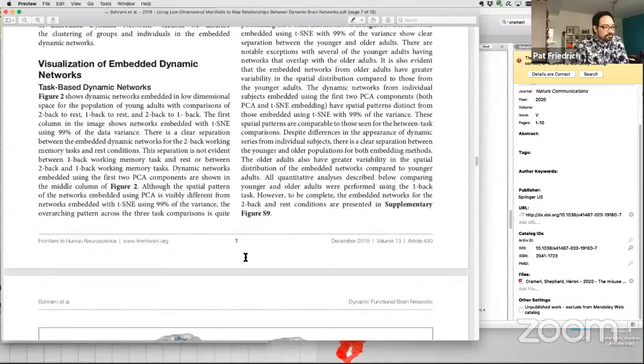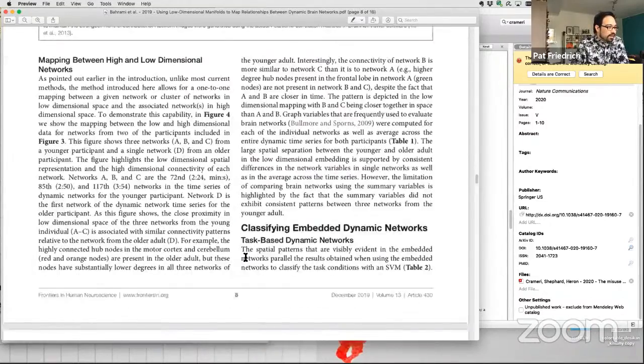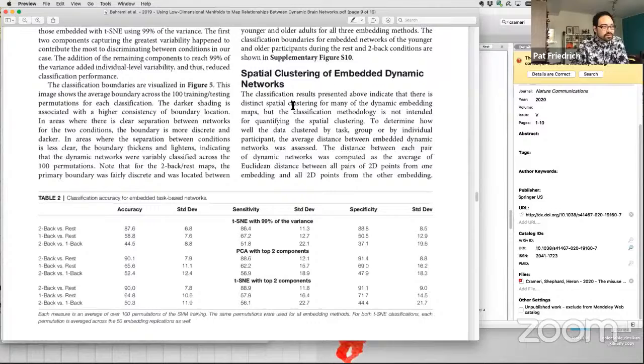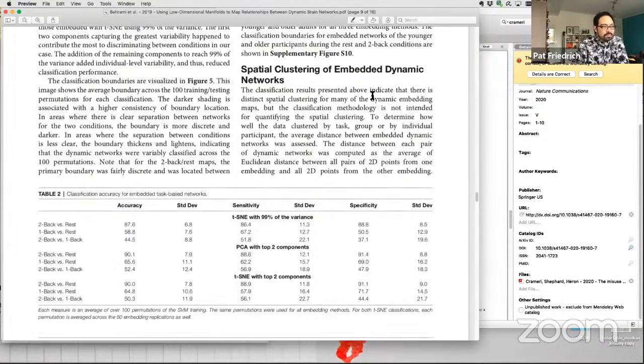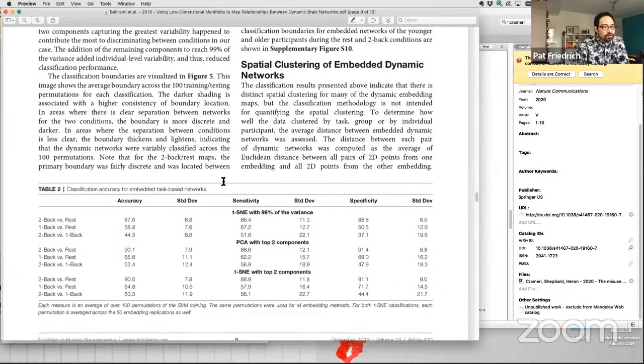Instead of just doing that visually, they also used spatial clustering over the embedded dynamic networks. So for all the figures I've shown you, they also calculated the accuracy of an algorithm that classifies the data to one of the 2 groups, being, for instance, rest or 2-back, rest or 1-back, etc.